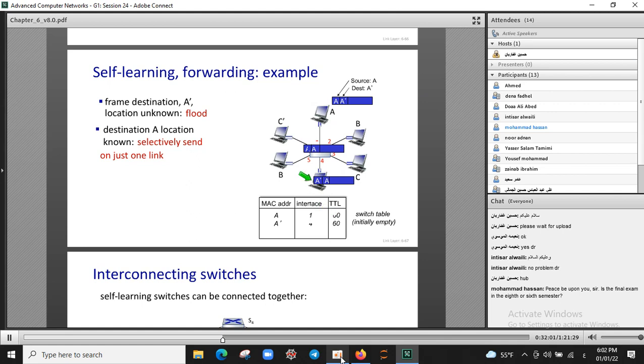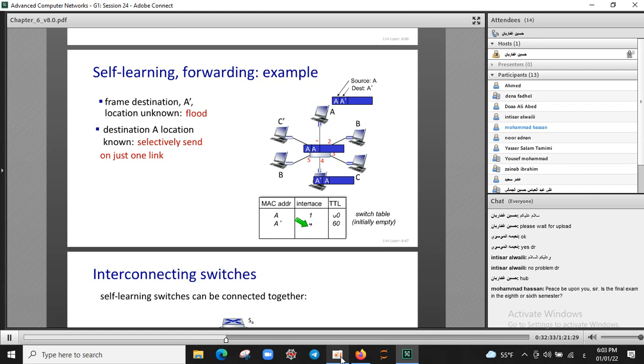After a while, system A' replies to A, and at that time the switch learns about A': A' can be reached over interface number 4. The switch writes this information into its switch table.